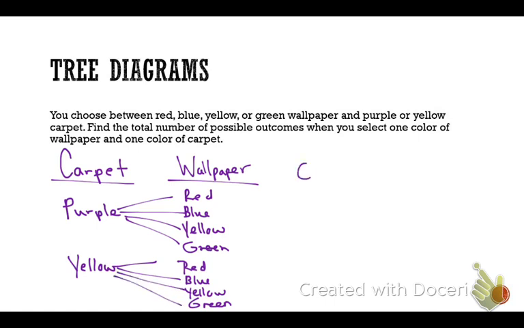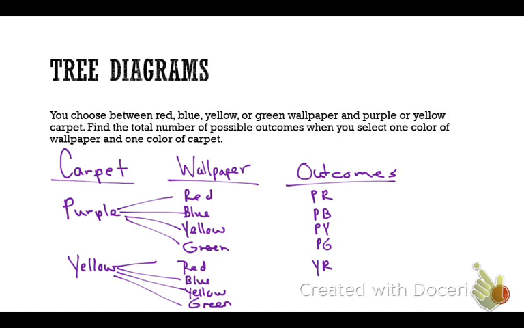I'm just going to abbreviate. So purple, red, PR, PB, PY, PG. Purple, blue, purple, yellow, purple, green. Then it could be yellow and red. Let me ask you this.